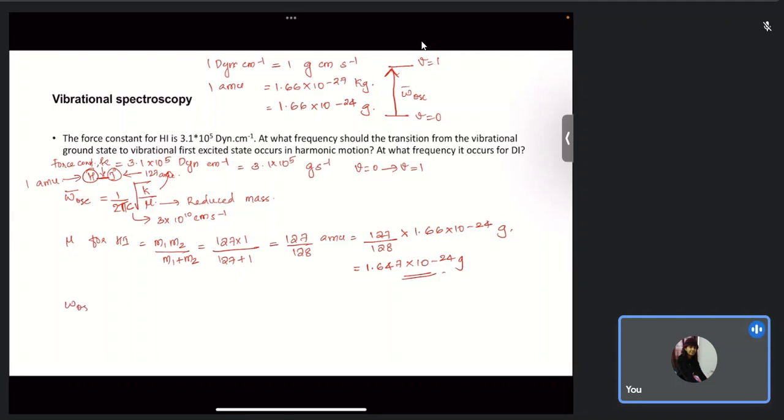So omega OSC is equal to 1 by 2 pi c root of k by mu. This is 1 divided by 2 into pi into c, which is 3 into 10 to the power 10 centimeter second inverse, times the square root of k.